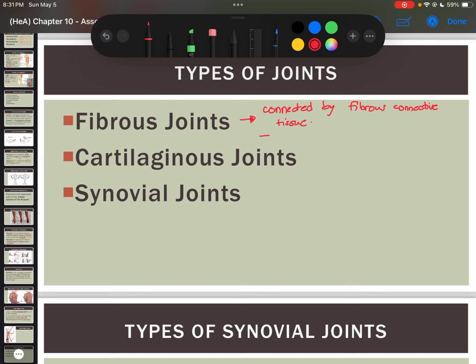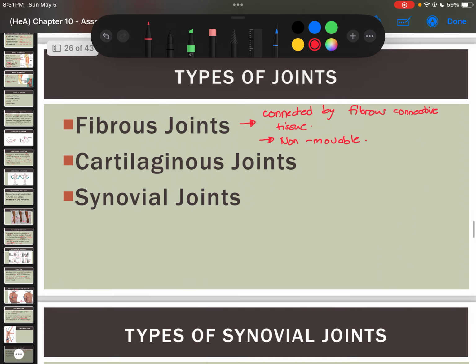And mostly, they are non-movable. An example of a fibrous joint is the sutures. Sutures of our skull, during the time when we grow up and it fuses together. Those are fibrous joints.